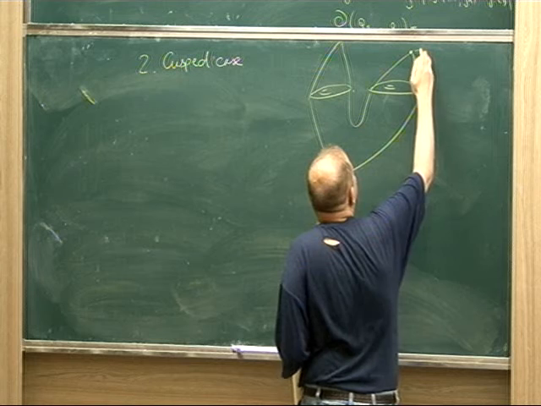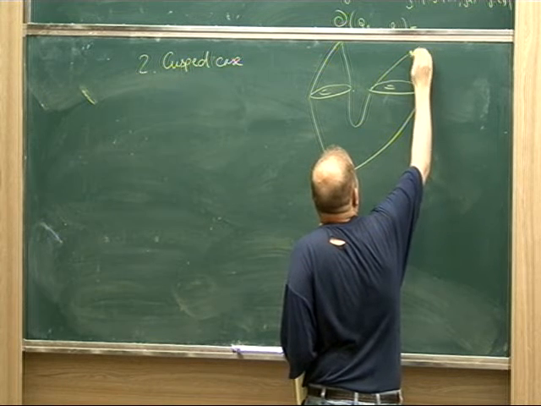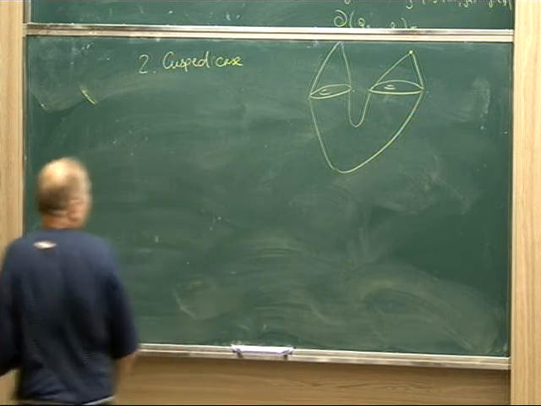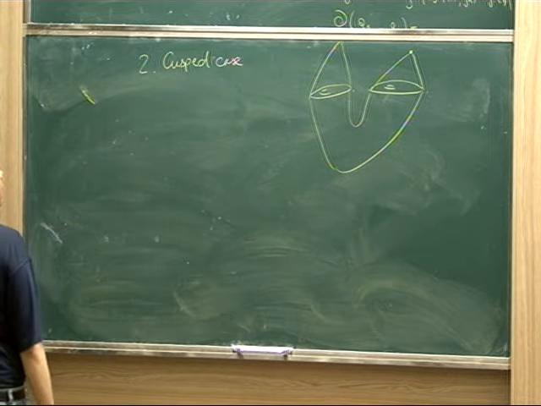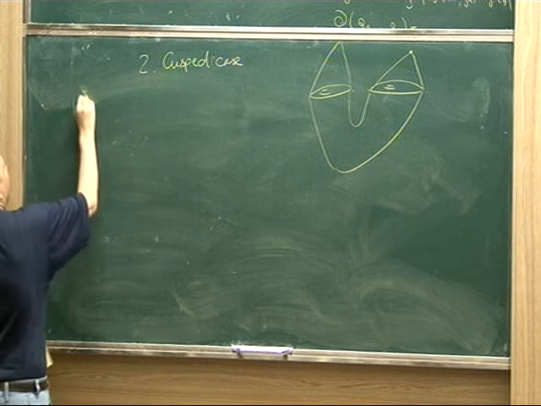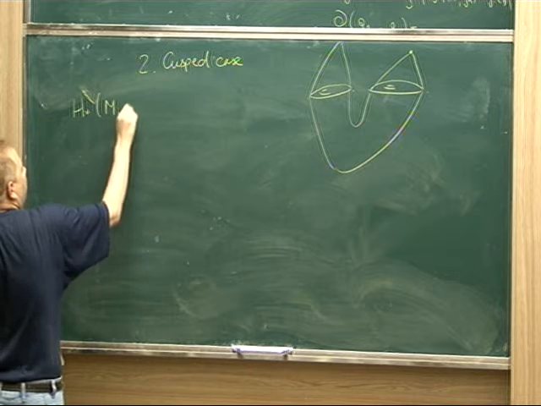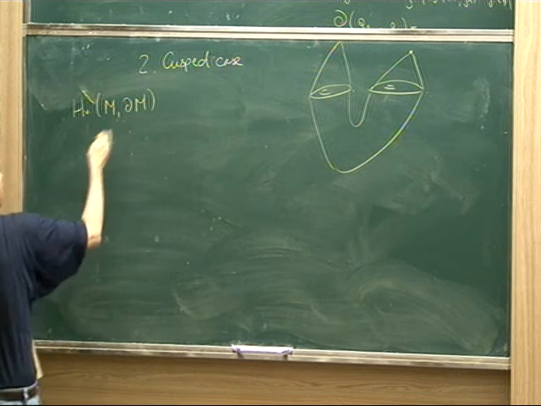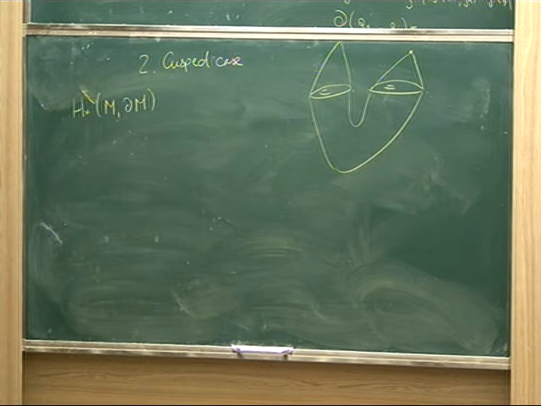So somehow, okay, in the end it looked like cones, so this is cone point removed. Somehow we want to do the same thing now with a relative fundamental class which lives in relative homology.